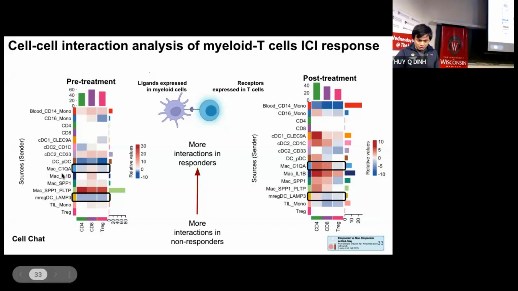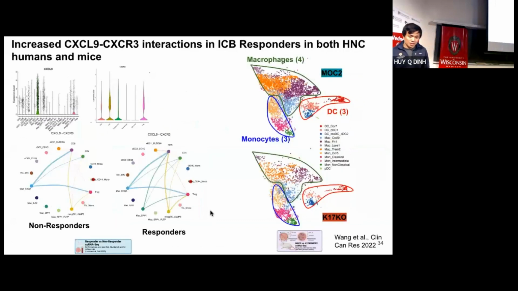One of the interactions that we found is in one of the macrophage and dendritic cell subsets that get increased after treatment and are much higher in the responder compared to the non-responder. Looking into that subset, we found CXCL9 expressed in that macrophage subset and in another dendritic cell subset, while the receptor CXCR3 is expressed in T cells.